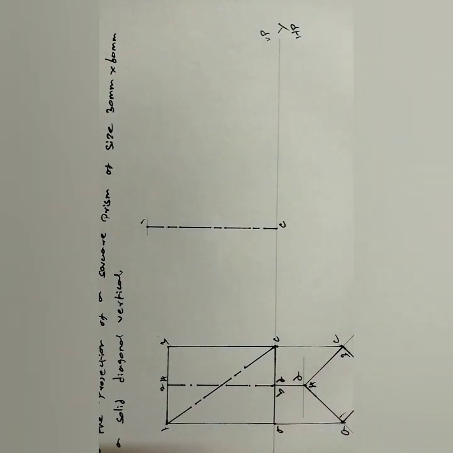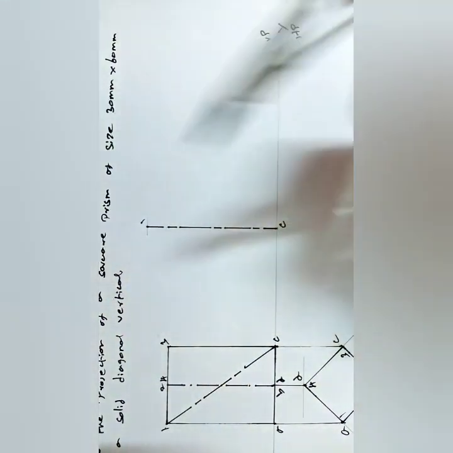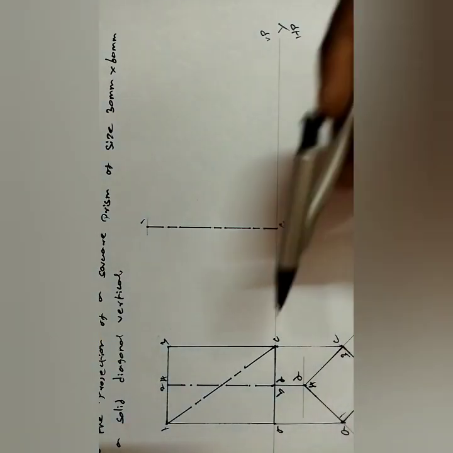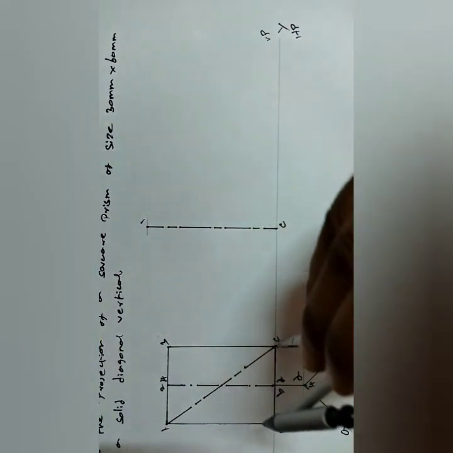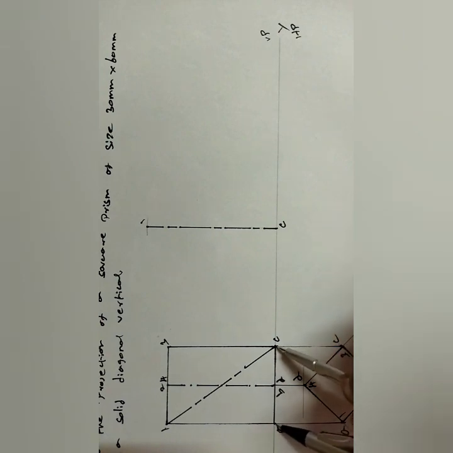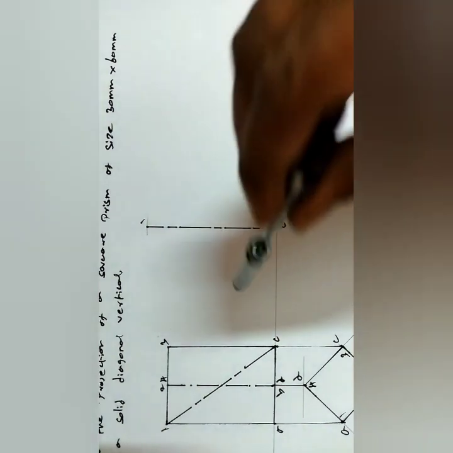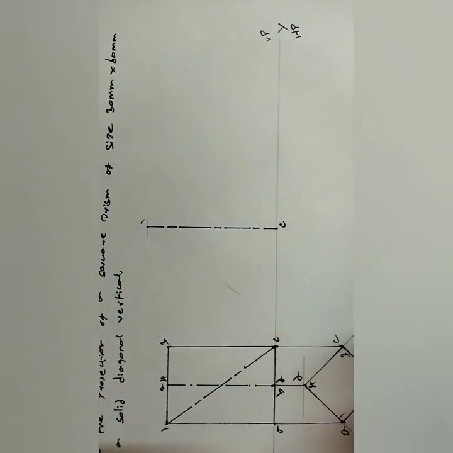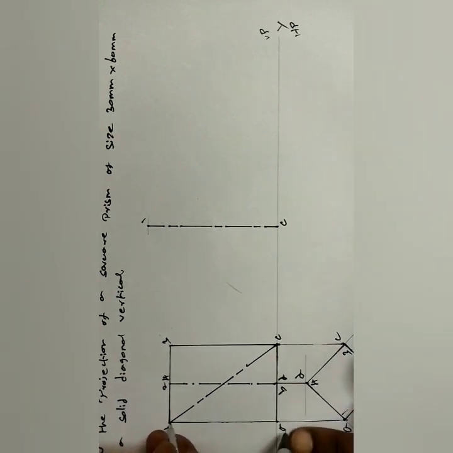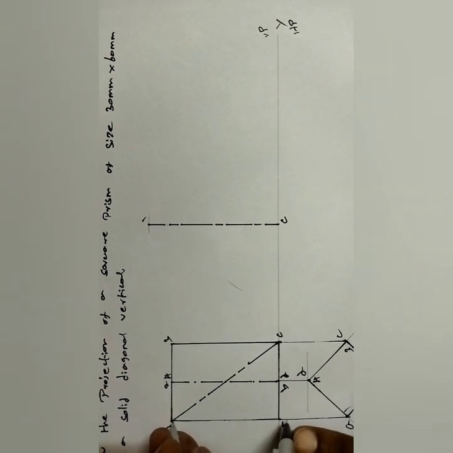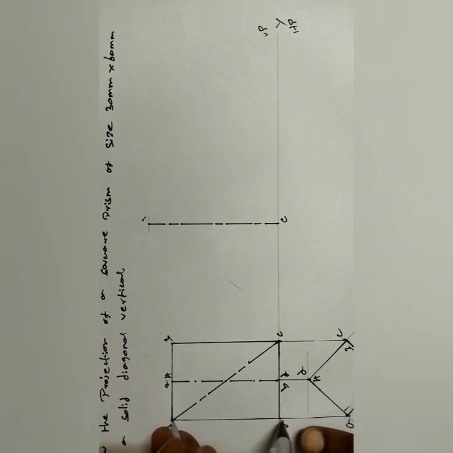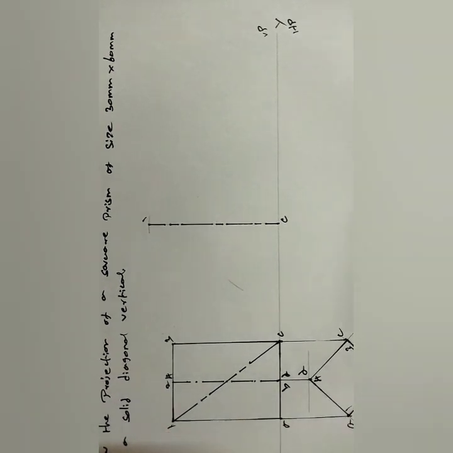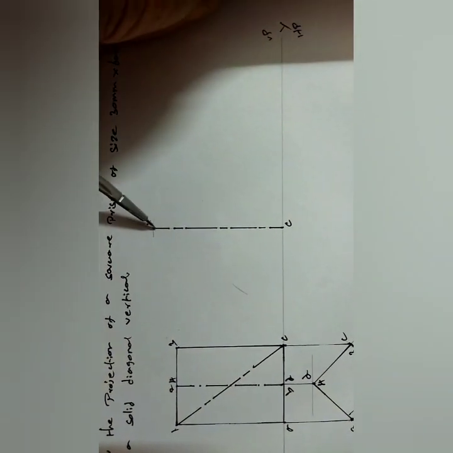Next, draw the remaining points A and 3. First draw A. Measure the distance C to A and cut the arc from C. Then measure the distance from 1 to A and cut the arc from 1.